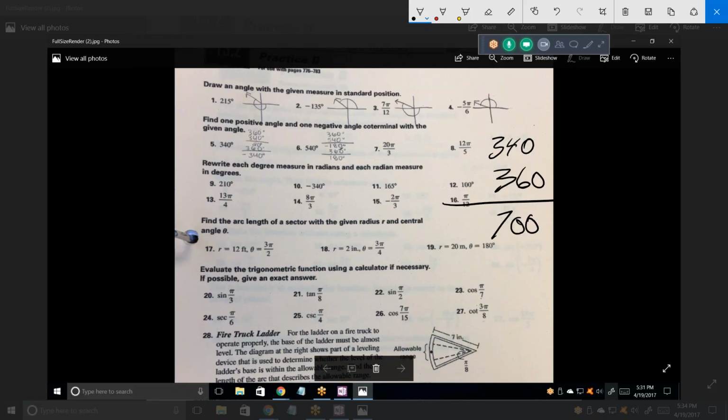There's your answers. 700 is a positive one, minus 20 is a negative one. Both of them are 360 degrees from 340. Just depends on whether you're adding 360 or subtracting 360. But it's always 360. In other words, minus 340 is not coterminal with 340. Not sure where you came up with this.